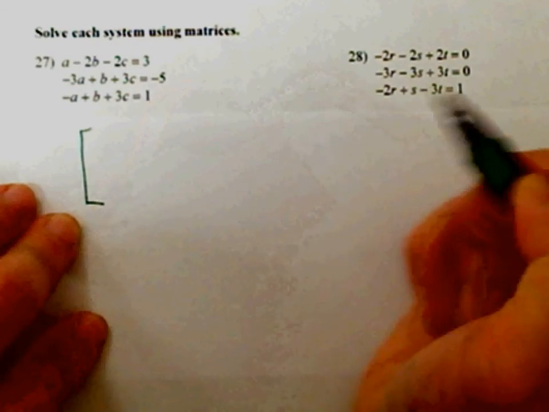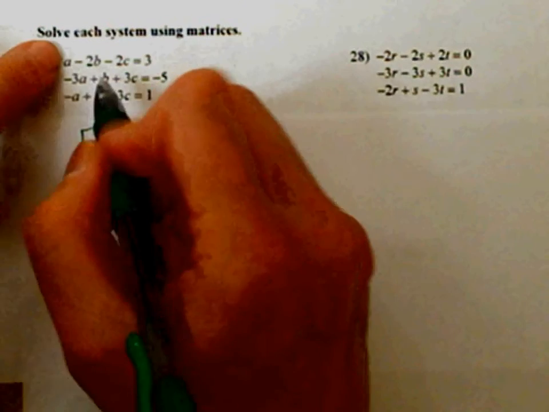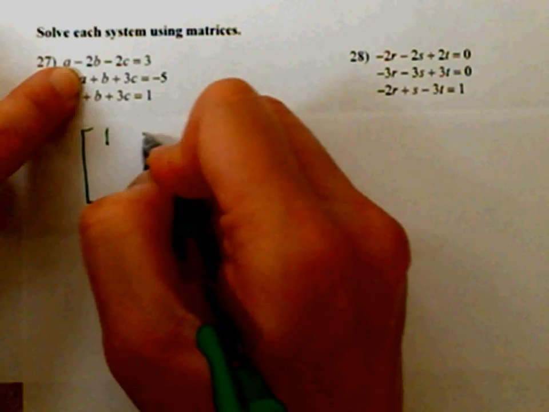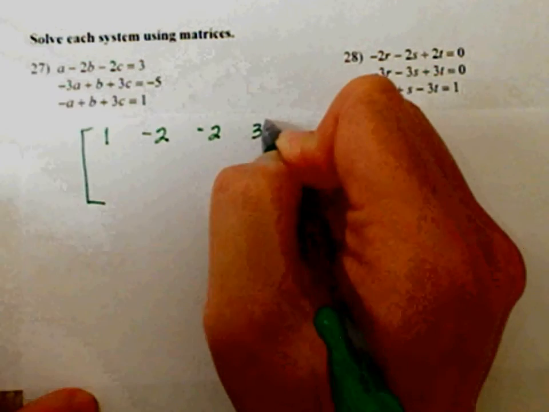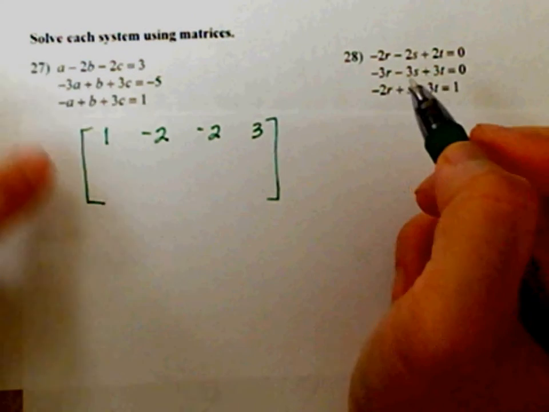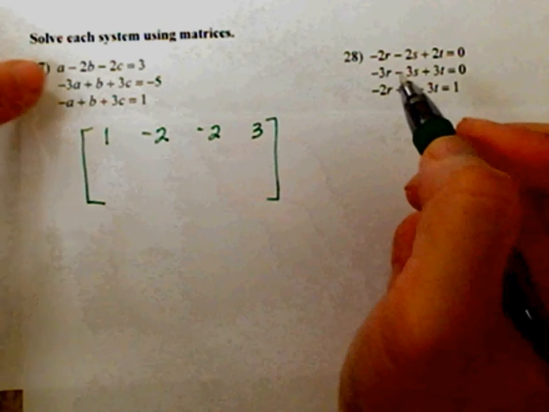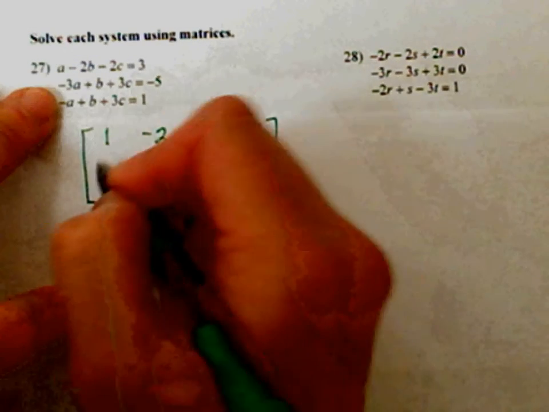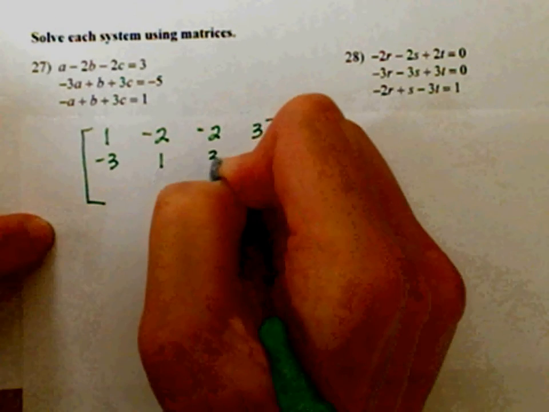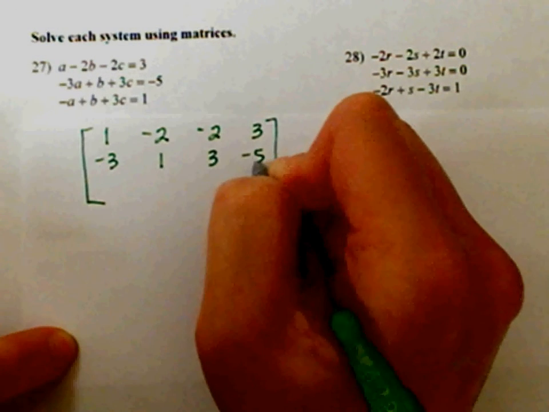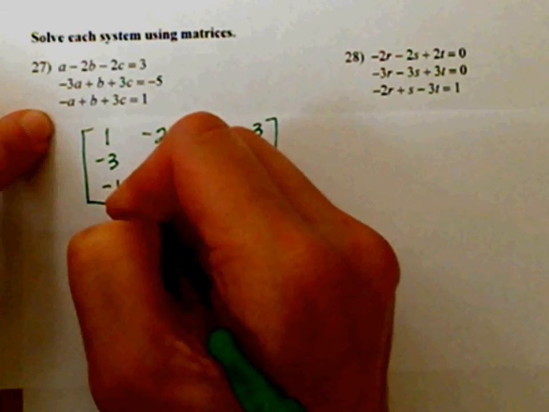Just right across. 1, -2, -2, 3. Okay, don't forget the bar. You need to add this to let me know it's a matrix. Second row, you have a -3, 1, 3, -5. Next one, -1, 1, 3, and 1.